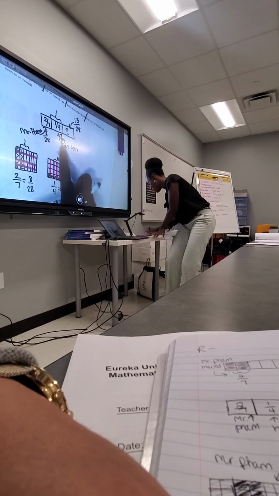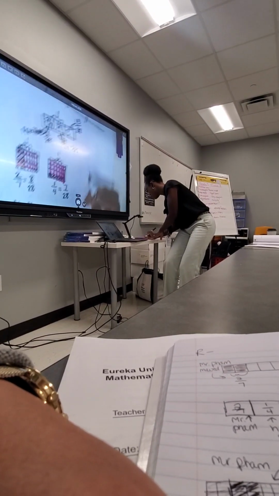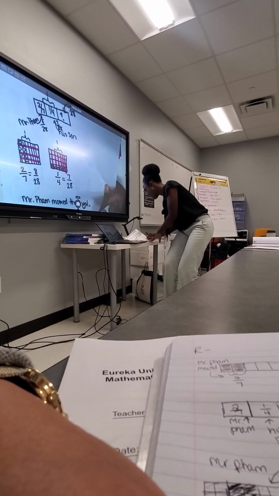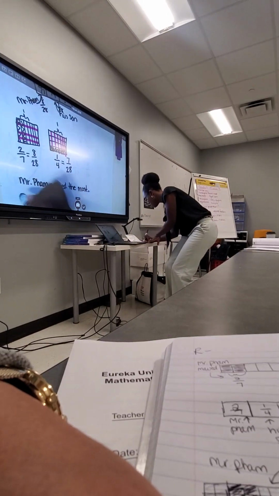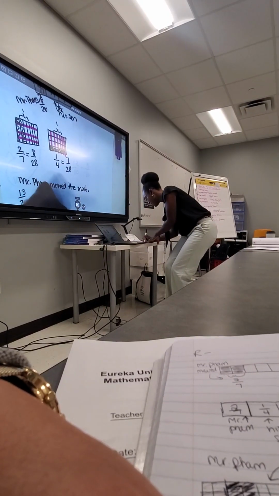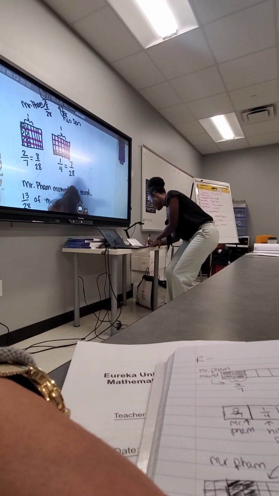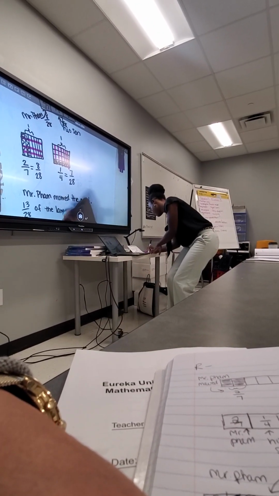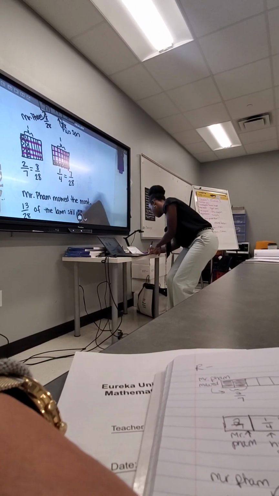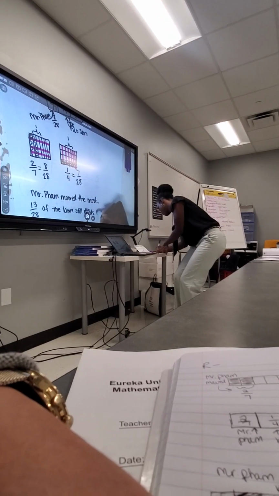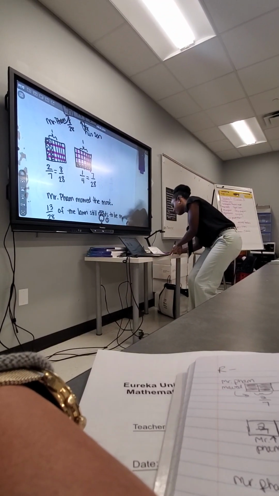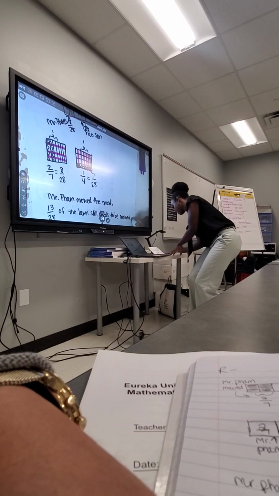Okay, so yeah, the 13/28, so we're gonna write our statement, how much of the lawn still needs to be mowed. 13/28 of the lawn still needs to be mowed. Okay.